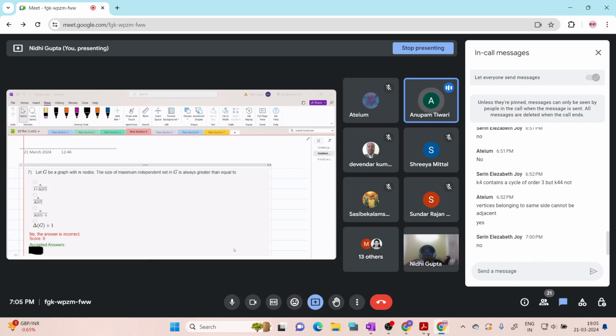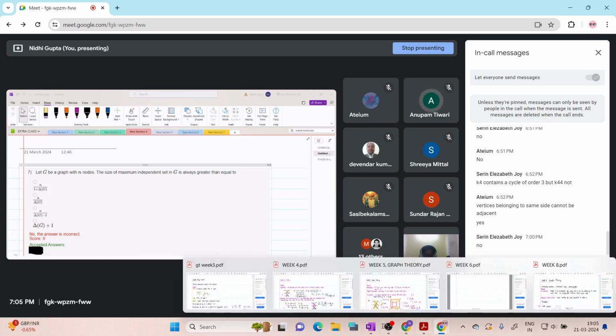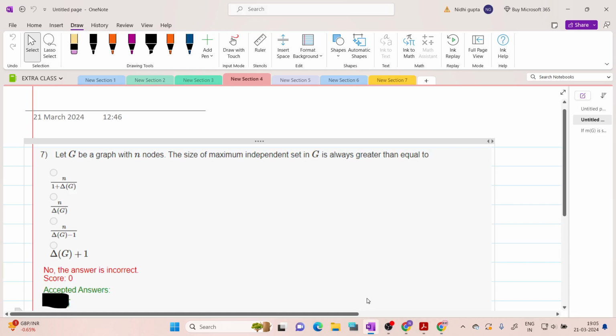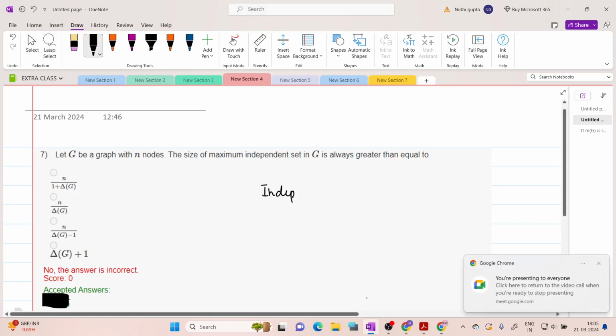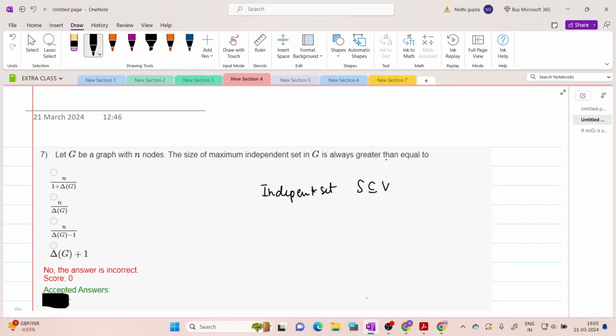I forgot. Independent set. Okay. An independent set is a set S of vertices such that there is no edge between any of these vertices.